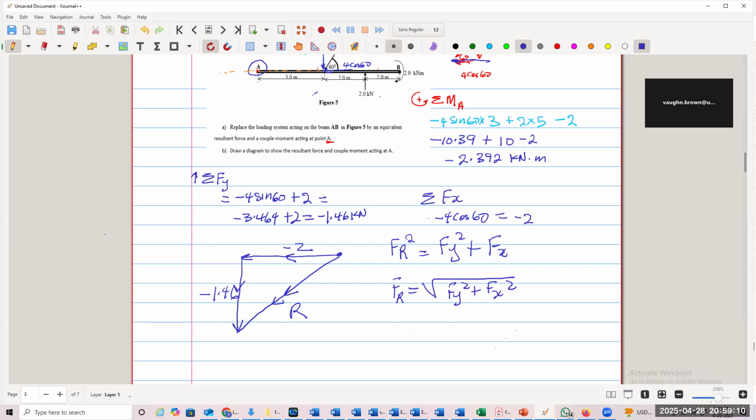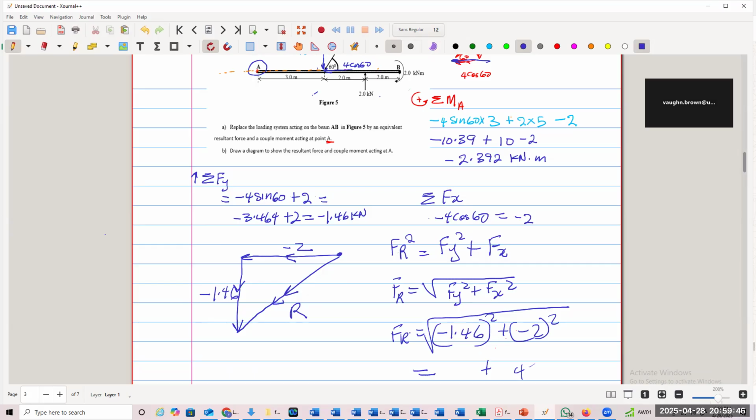So Fr, the resultant, is going to be: Fy is minus 1.46, bracket squared, plus Fx is minus 2, bracket squared. Take the root of all of that. Minus 2 squared is 4, so you can write down 4 here, plus 1.46 squared.